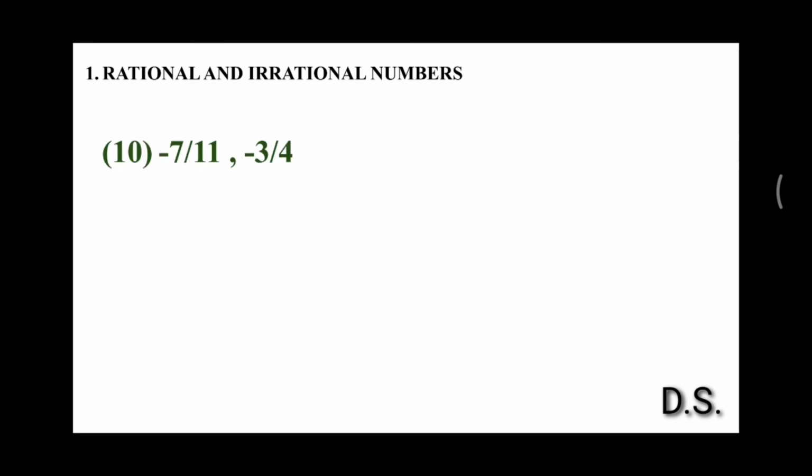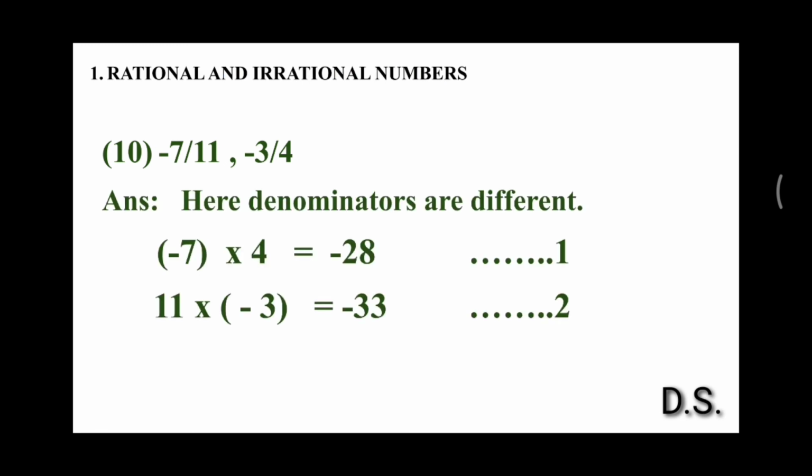Tenth question. Minus 7 upon 11 and minus 3 upon 4. Use the same method since denominators are not the same, they are different, 11 and 4. Therefore, minus 7 into 4 is minus 28, 11 into minus 3 is minus 33.